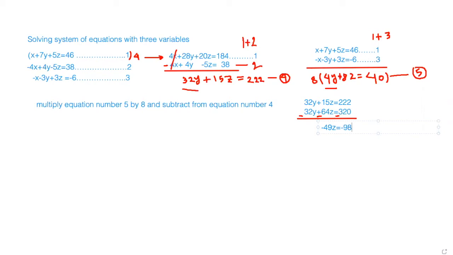Okay, so now we have to divide both sides by negative 49 to get rid of the 49 next to Z. Divide both sides by negative 49.